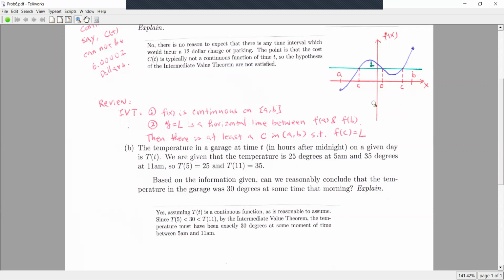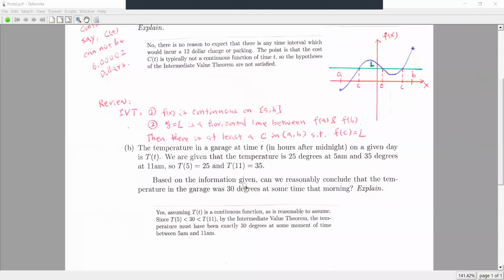In this diagram, now a is 5. The function value at a is 25. b is 11. The function value at b is 35.